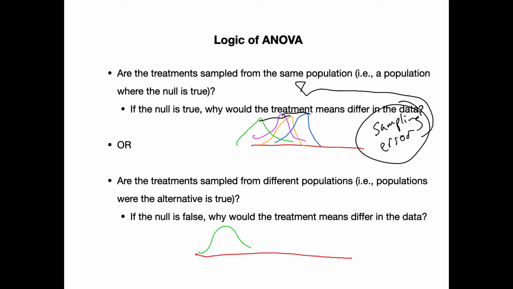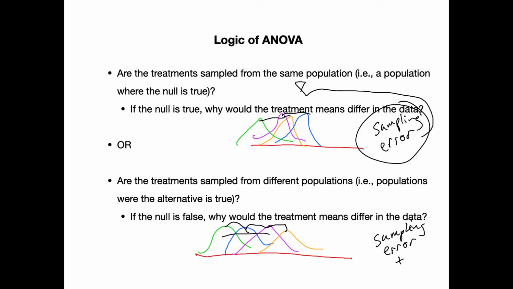We've got one distribution here, another sample, another sample, and one last one. Now again we have these differences between them. So why would they differ? Well, we still have sampling error, because anytime we sample from a population, we're going to have sampling error.